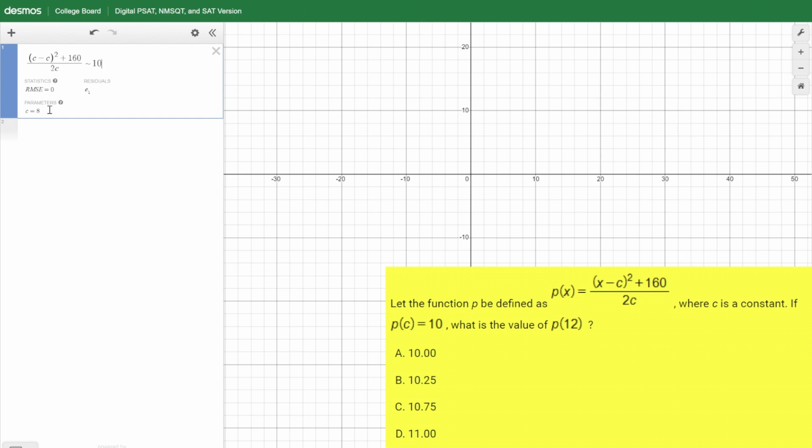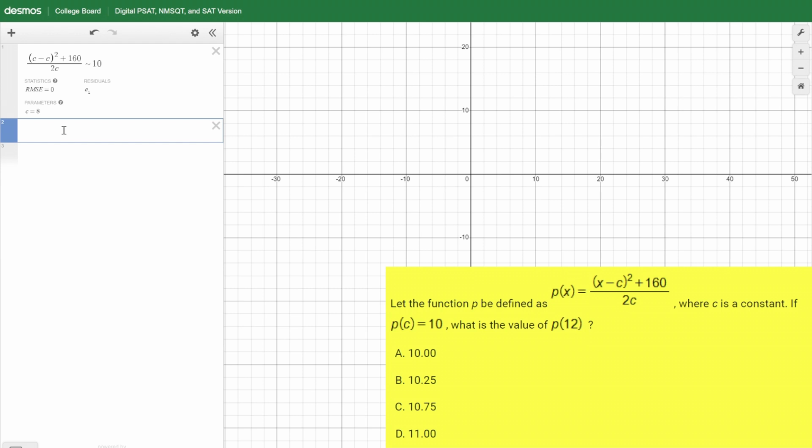Okay, and as you can see, the value of the letter c is given as 8. Now Desmos is smart, and it saves the value of c as 8 already, so we don't have to put in 8 wherever c comes.